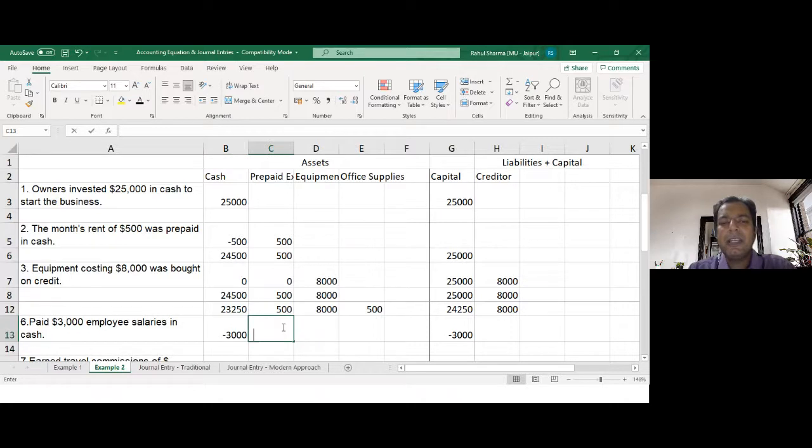Any impact on prepaid expenses? No, zero. Any impact on equipment? Zero. Any impact on office supplies? Zero. Any impact on creditors? Zero.